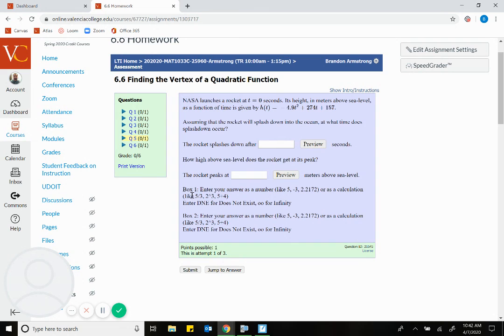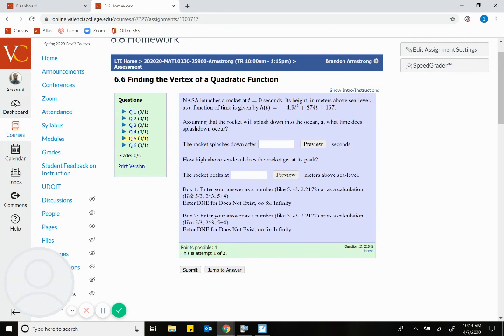So in this first question, the rocket splashes down after what? Run the quadratic formula because you're going to set it equal to 0. Because when it splashes down, the height is 0. Okay, now this next question, it says, how high above the sea level does the rocket get at its peak? When you're looking for a peak, that's a maximum.